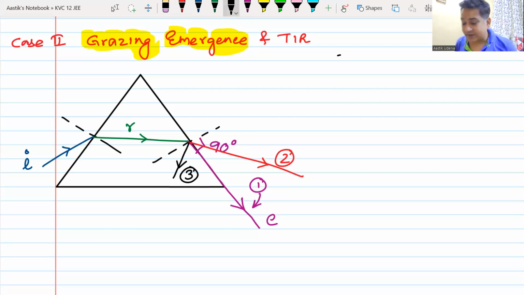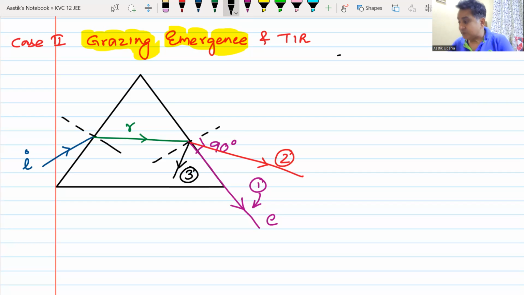So three things are possible. In case number one, it manages to emerge out at an angle of 90 degrees. In case number two, it can definitely emerge out. In case number three, it undergoes TIR.